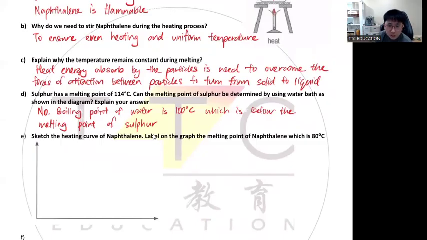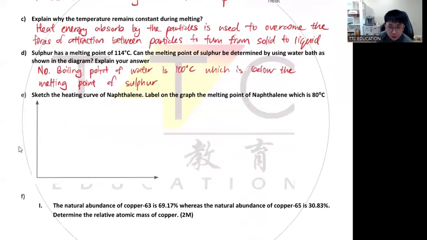Sketch the heating curve of naphthalene, label on the graph, where the melting point is 80 degrees Celsius. Usually for a heating graph, the trend is the same. You just have to go up at 45 degrees, then a straight line, and then go up again.